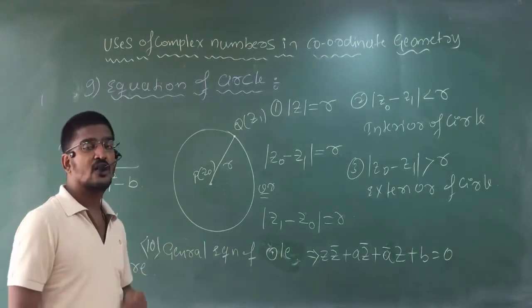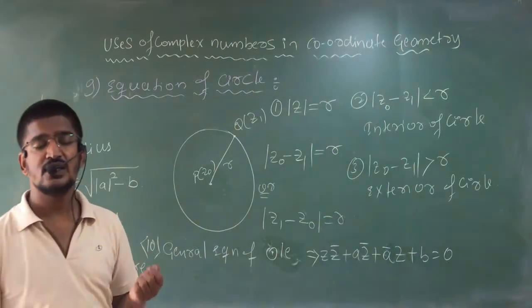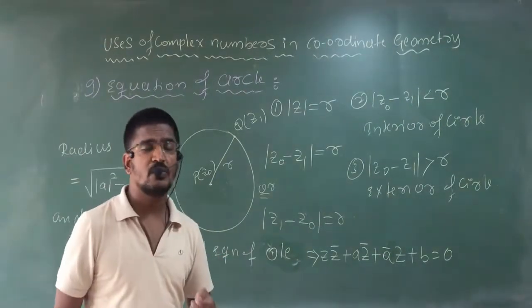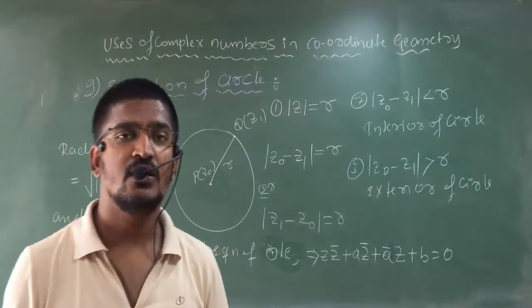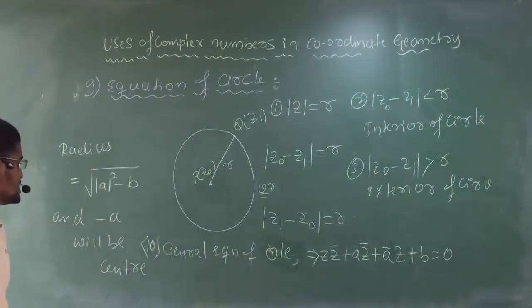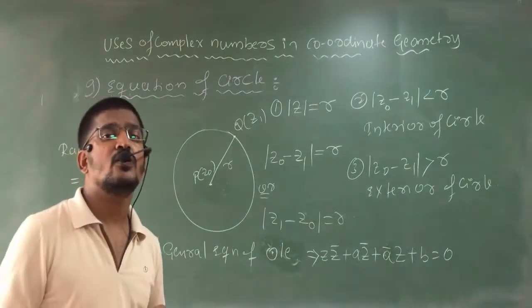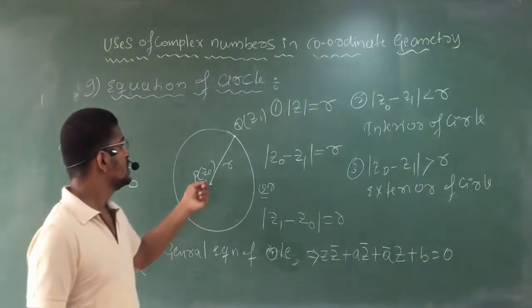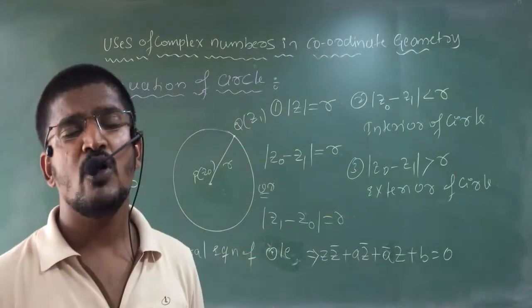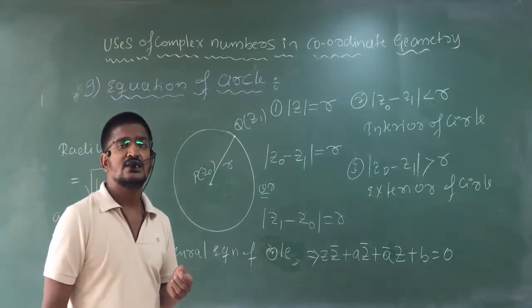Suppose those terms are not given, then the general equation of a circle will be Z Z bar plus A Z bar plus A bar Z plus B equal to 0, and these two terms are going to be the radius and the center of the circle whenever it is in the general form. Suppose Z0 and Z1 are given, then it is no problem. You can write mod of Z0 minus Z1 equal to R as the circle.